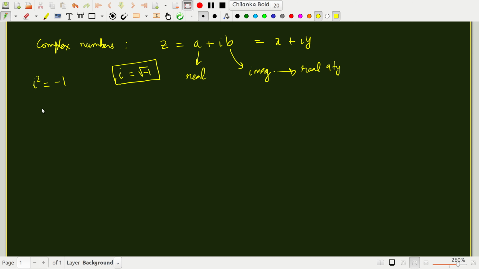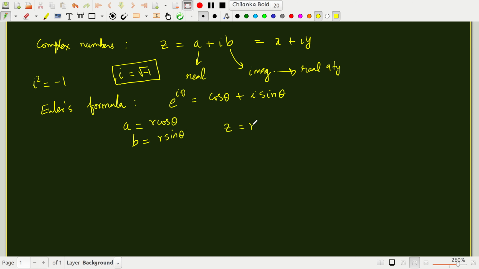There is a very basic formula called Euler's formula, which we wrote in the last few lectures, wherein e to the i theta is cos theta plus i sin theta. Now if you represent the complex number's real and imaginary parts in polar coordinates, a is r cos theta, b is r sin theta, then z becomes r e to the i theta.